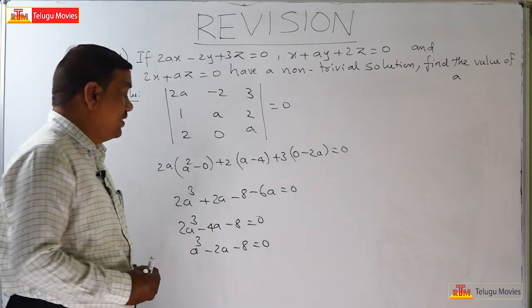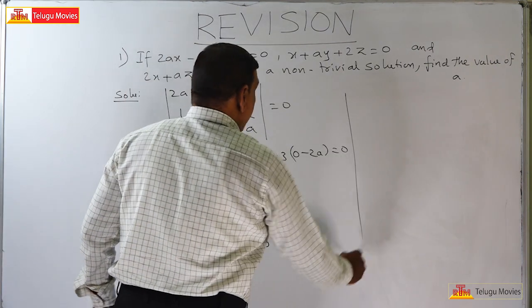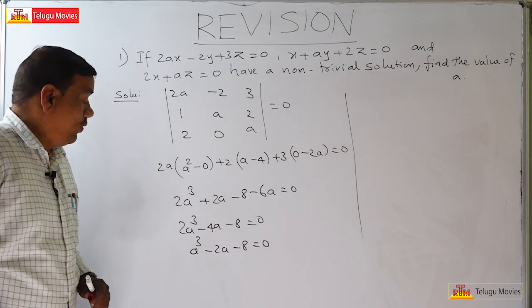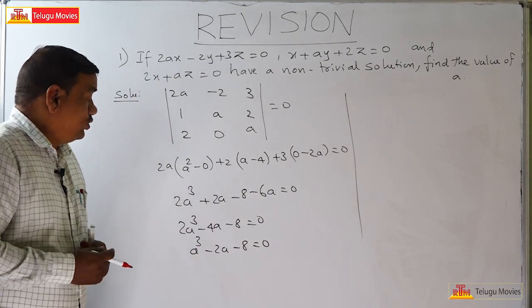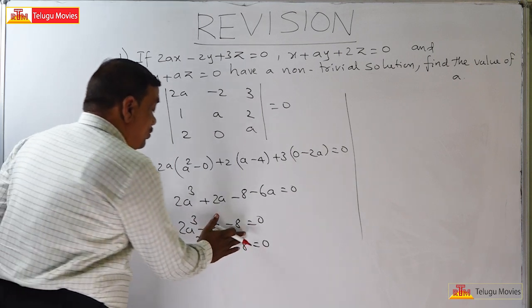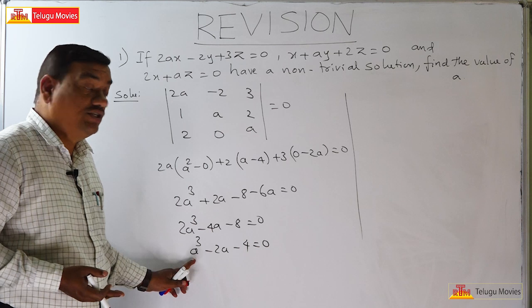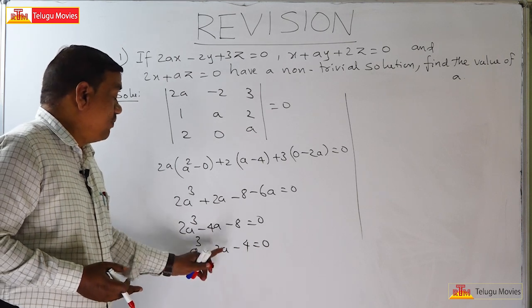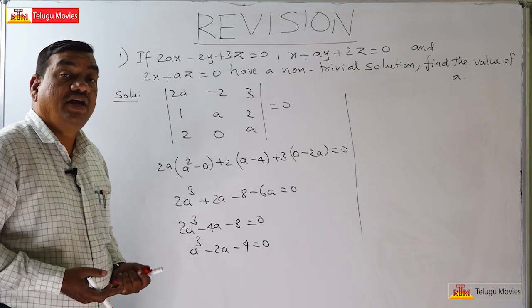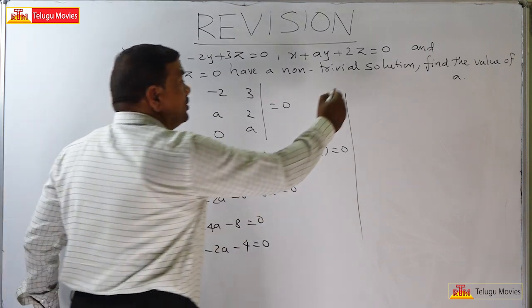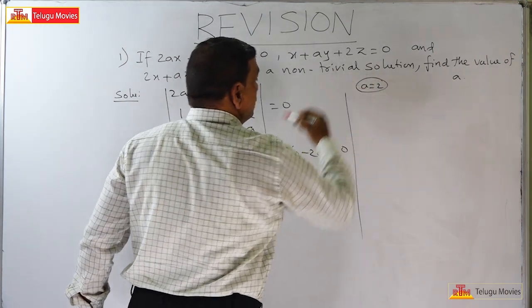How to solve it? If you observe, we can guess the root of this equation. Substitute a is equal to 2: 2 cube is 8, 2 twos are 4, minus 4 minus 4, so 8 minus 8 is equal to 0. Therefore a equals 2 is one solution.